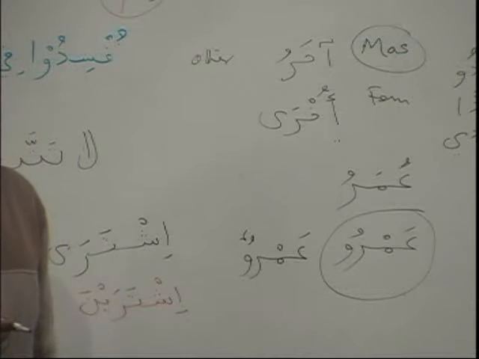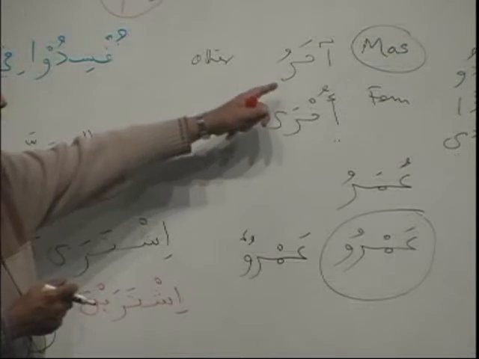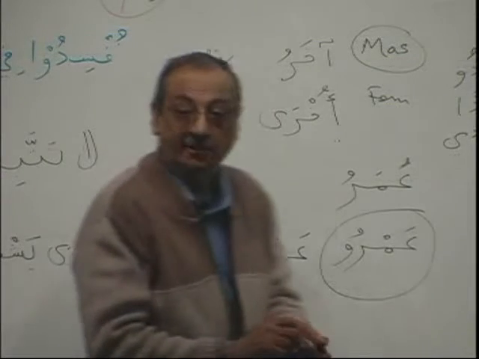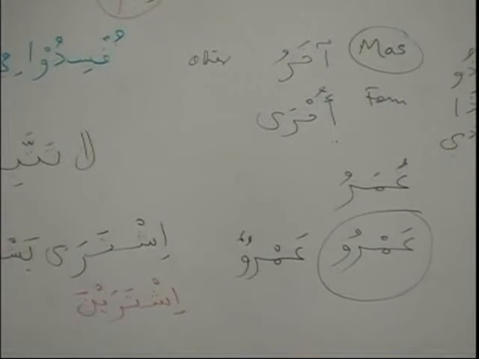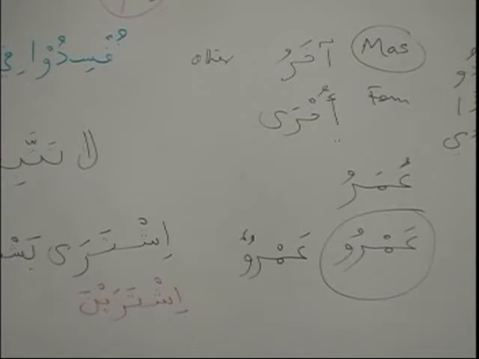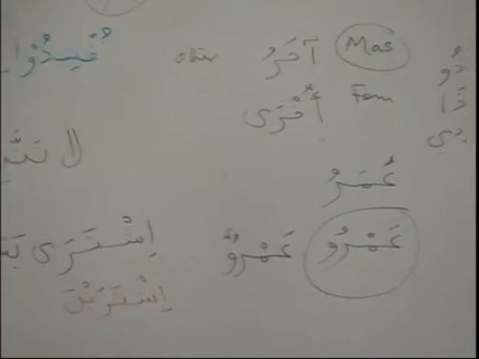Akharu is diptote. Okay. Decline akharu, akhara, and again akhara. Decline ukhra, ukhra, ukhra. It will be same.